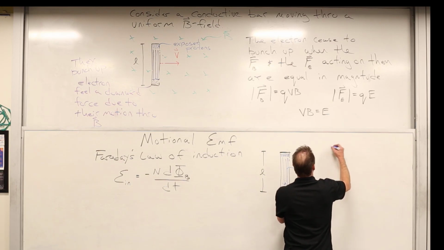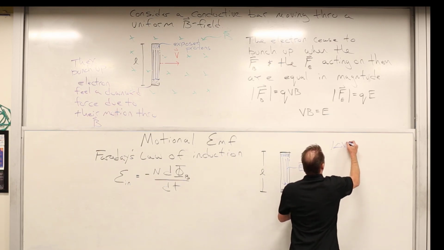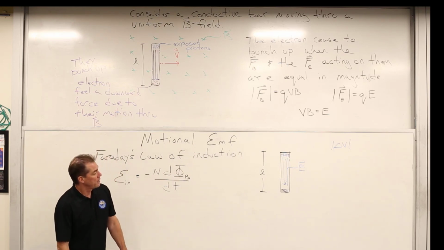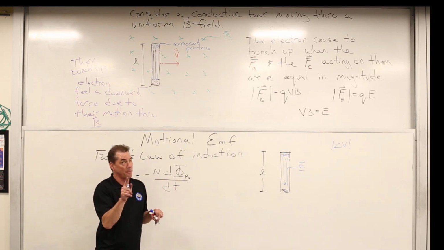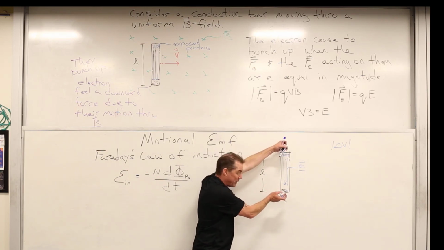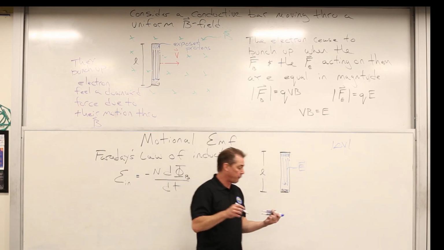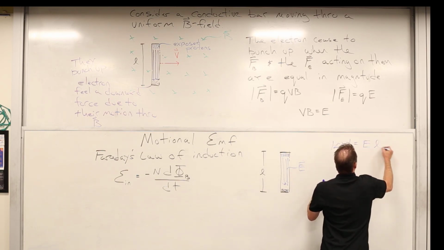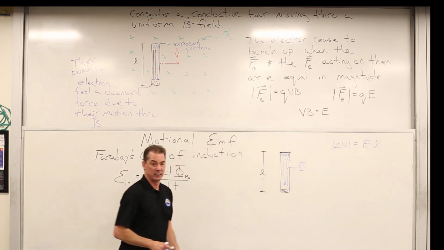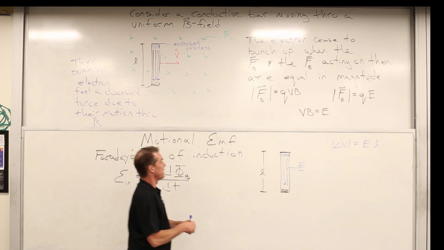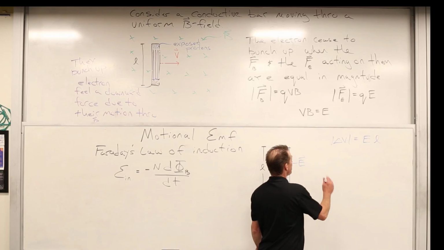An electric field substantiates some amount of potential difference. We know that the absolute value of the potential difference across a portion of space that contains a uniform electric field, so we'll assume that this electric field is uniform, is equal to E times L, or E times d, but d is equal to L in this case. So what do we get from this?